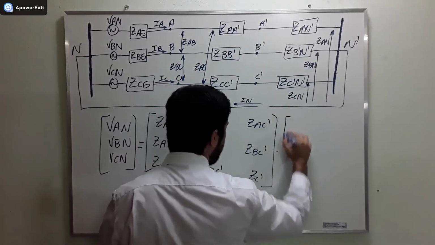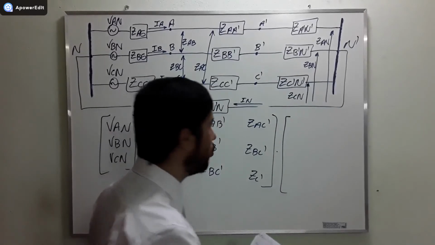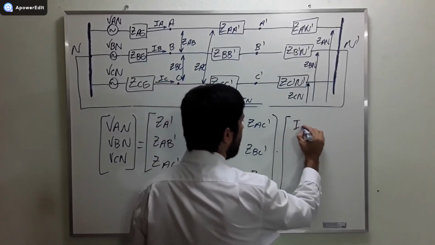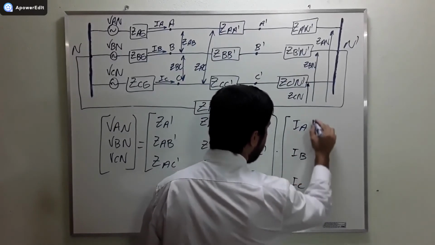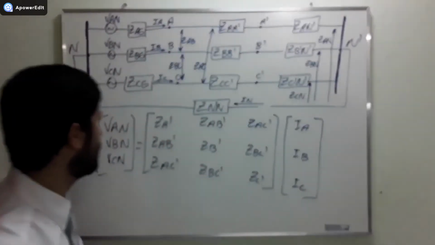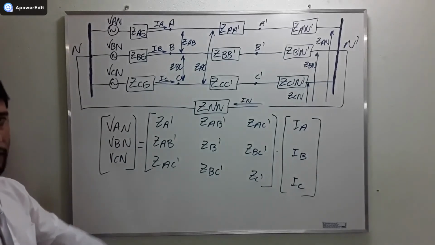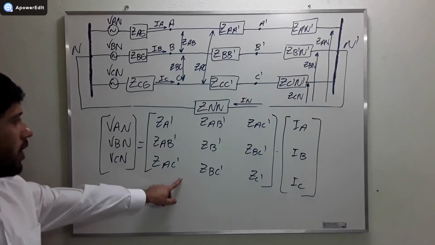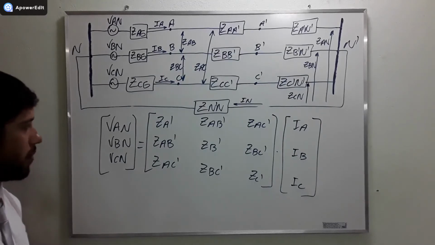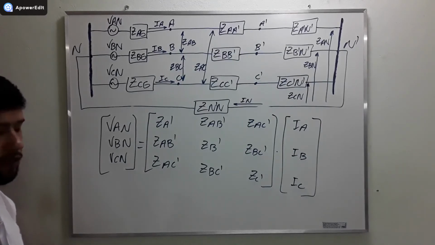And here we have the currents that we want. IA, IB, and IC. Okay? We applied Kron's reduction in that 4x4 matrix and we arrived at this 3x3 matrix. It is easy.